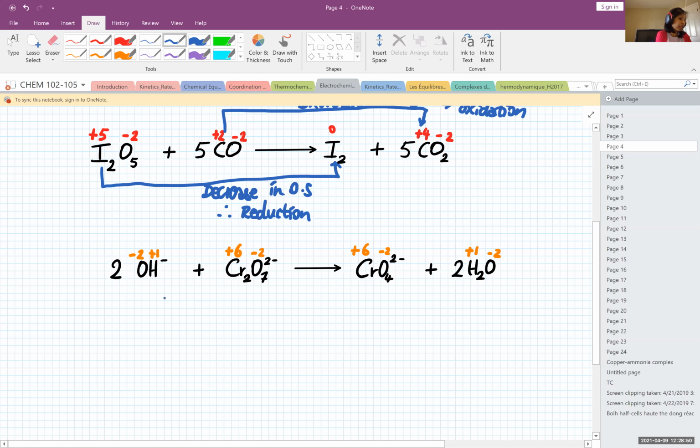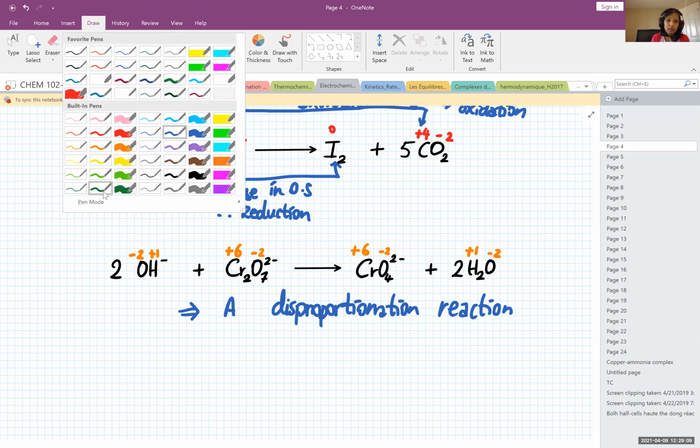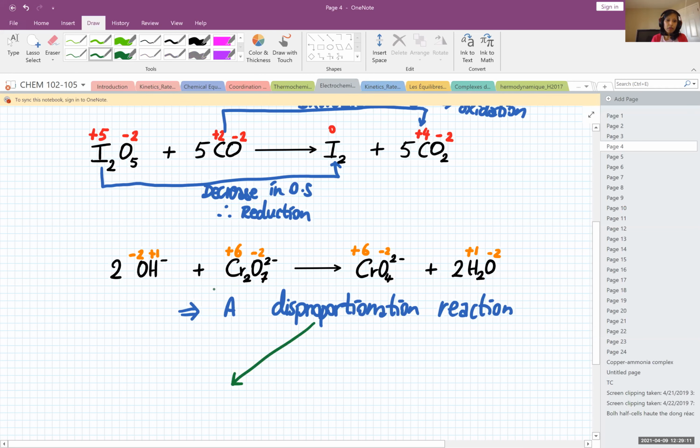What it is, we call it a special type of reaction. We call it a disproportionation reaction. And disproportionation reactions are of two types. Okay, the first type is this, where we see no changes in oxidation states.